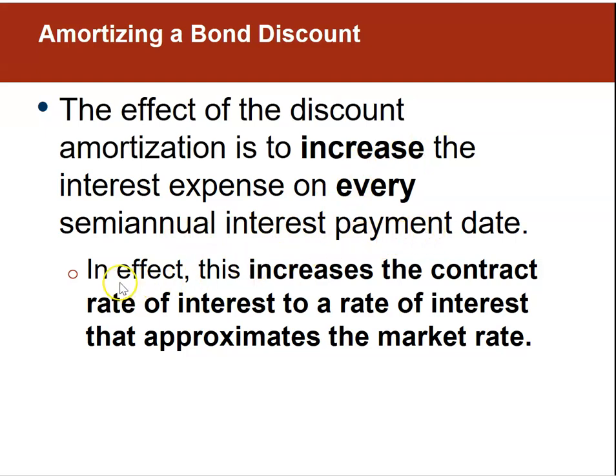It says further, in effect, this increases the contract rate of interest to a rate of interest that approximates the market rate. Okay. Now, that may not in and of itself mean a whole lot to you. And hey, I understand. Because, quite honestly, this is the first time you're ever seeing this. And so we need an example.